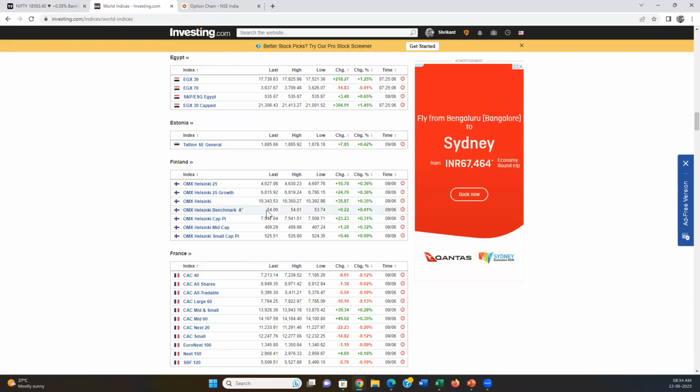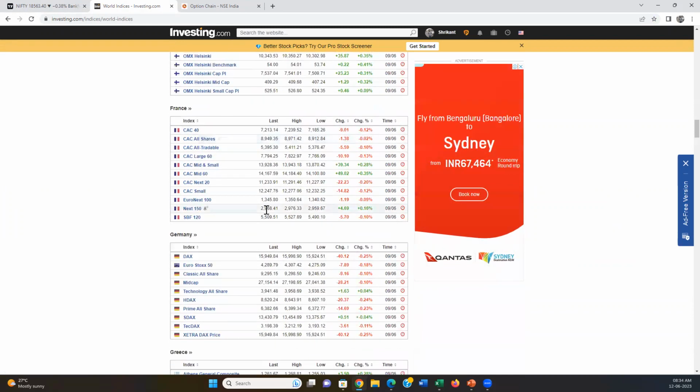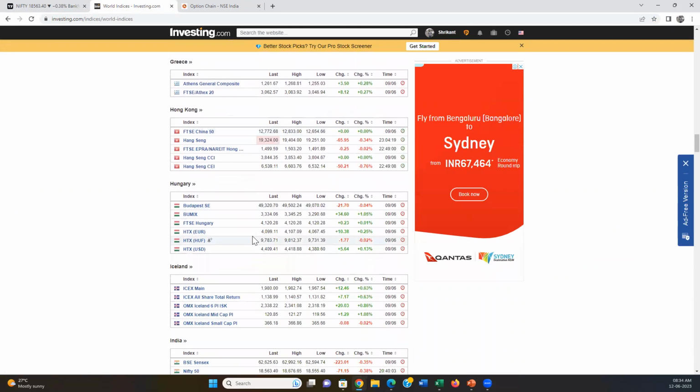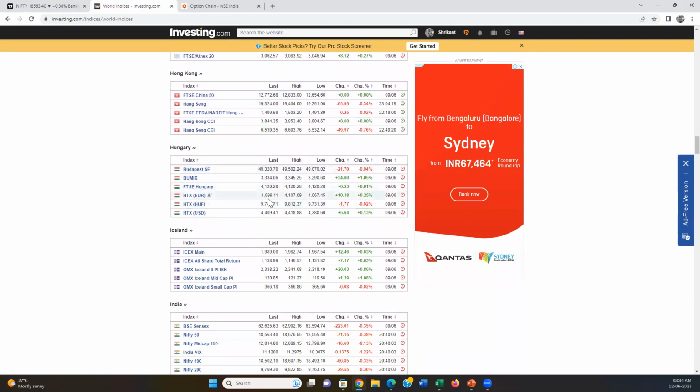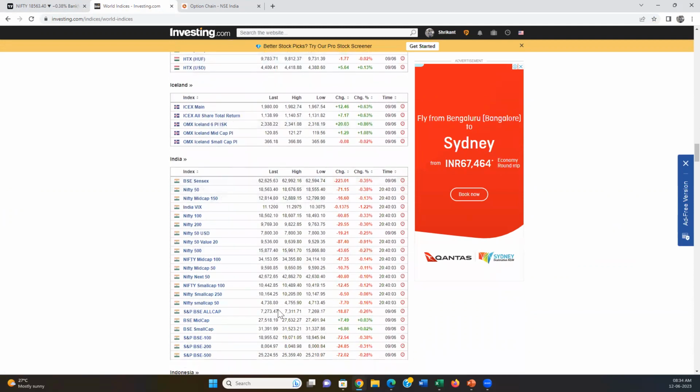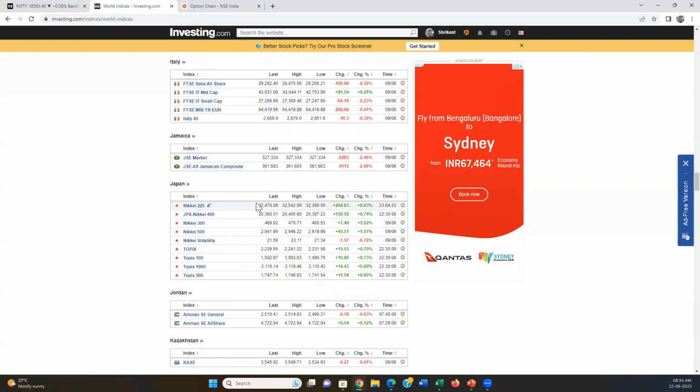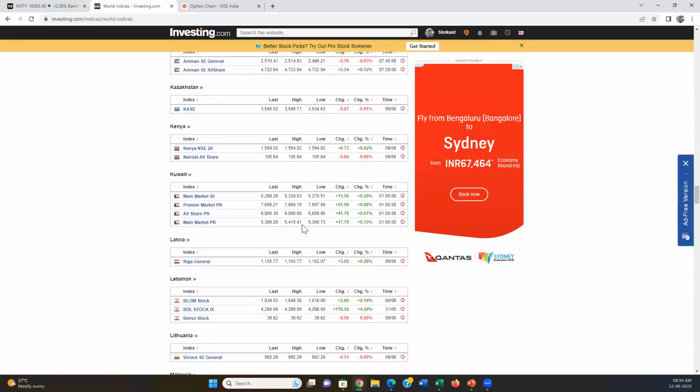If it is 1% plus, we consider it positive. France completely flat. Germany flat. Hungary flat. India was flat to negative. Japan, today's one, is slightly positive. So this is showing some positive movement.